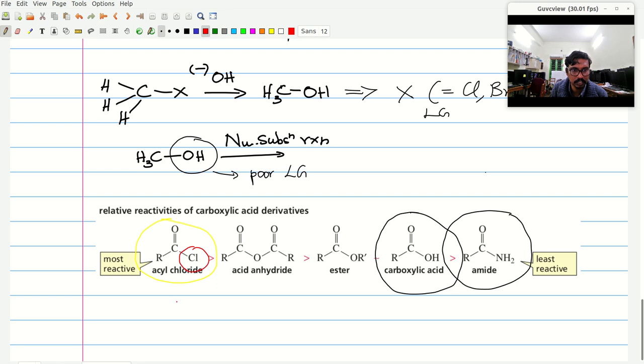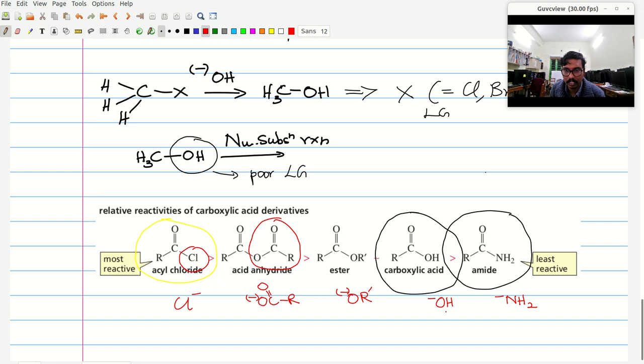In this case it is Cl minus. In this case it is, for example, RCOO minus. In this case it is OR minus, and in this case it is OH minus, and in the case of amides it is NH2 minus.